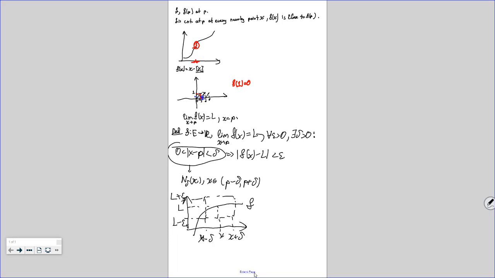Now let's do a couple of examples that illustrate this definition. We want to prove that if f(x) is equal to 3x plus 1, then the limit as x goes to 2 of f(x) is equal to 7.